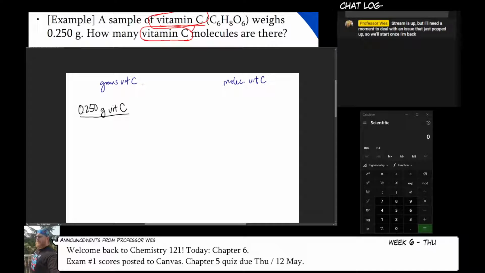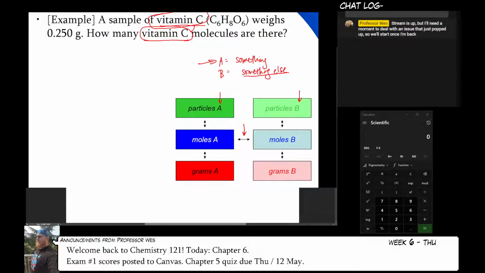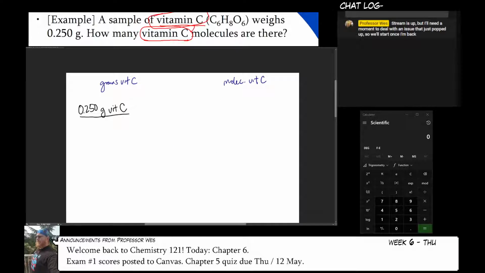Well, according to our little chart on the previous slide here, if I have grams of something, I can turn that into moles, which I can then turn into particles. Remember that particles is just our little count of number of atoms, number of molecules, number of formula units, whatever. So we'll do this conversion.